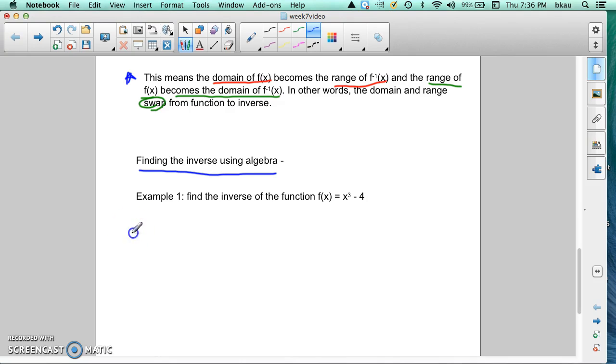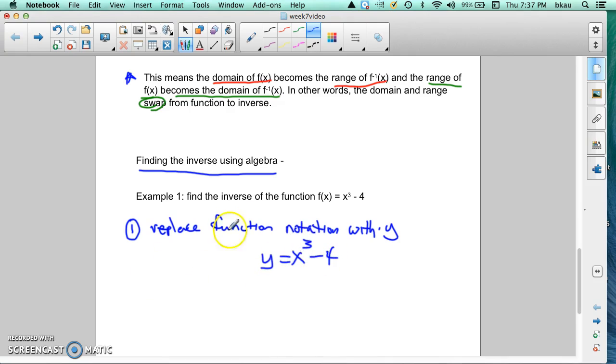The first step in this process is to replace function notation with y. So my first step on this problem is to write y equals x cubed minus 4. That's the first step, to replace this f of x with y.